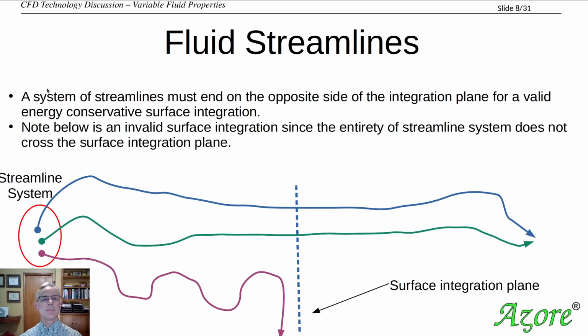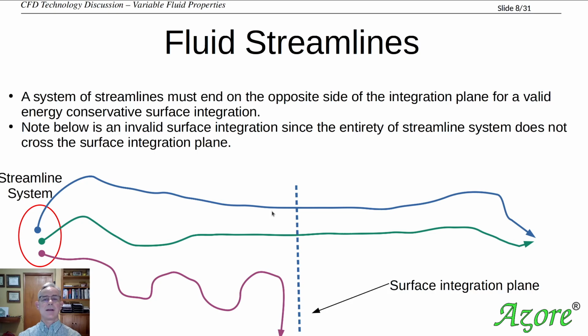Basically, the rule is that a system of streamlines must end on opposite sides of the integration plane for a valid energy conservative surface integration to be performed. So you can't split your system. Here I have an example where our system is composed of 3 packets of mass, and you'll notice that one of the streamlines does not cross over that barrier.